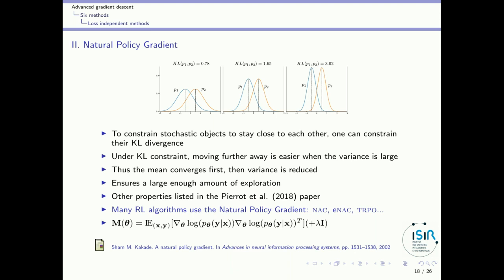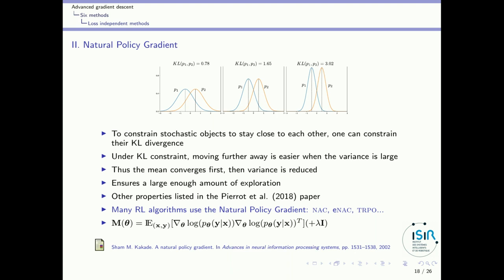So if you are performing gradient descent under some epsilon constraint, if you first make the variance small, then you cannot move far away between P1 and P2, so you are stuck somewhere. Whereas if you are using a large variance and first move P1 away from P2, then it's okay, your KL divergence will stay inferior to some value. So in practice, when you perform gradient descent under some KL divergence constraint, what will happen is that first the mean will converge to something and then the variance will be reduced.